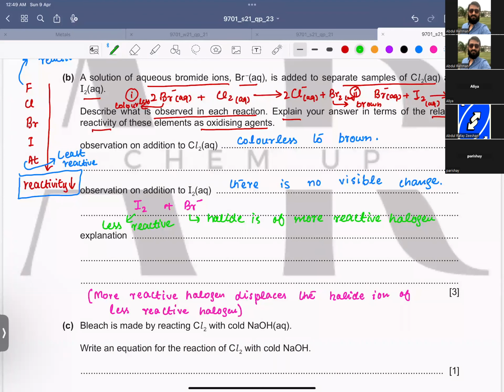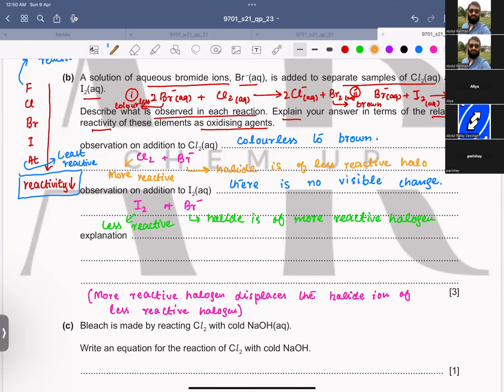Okay, but when we compare this over here, when we are using chlorine along with bromide, chlorine is above bromine in the periodic table, which means I can say that the halogen is more reactive and the halide is of less reactive halogen.